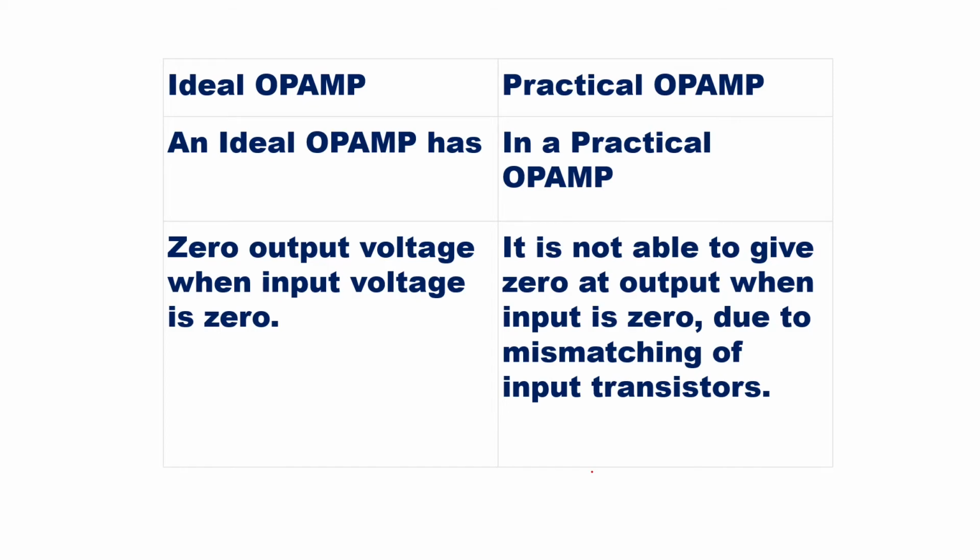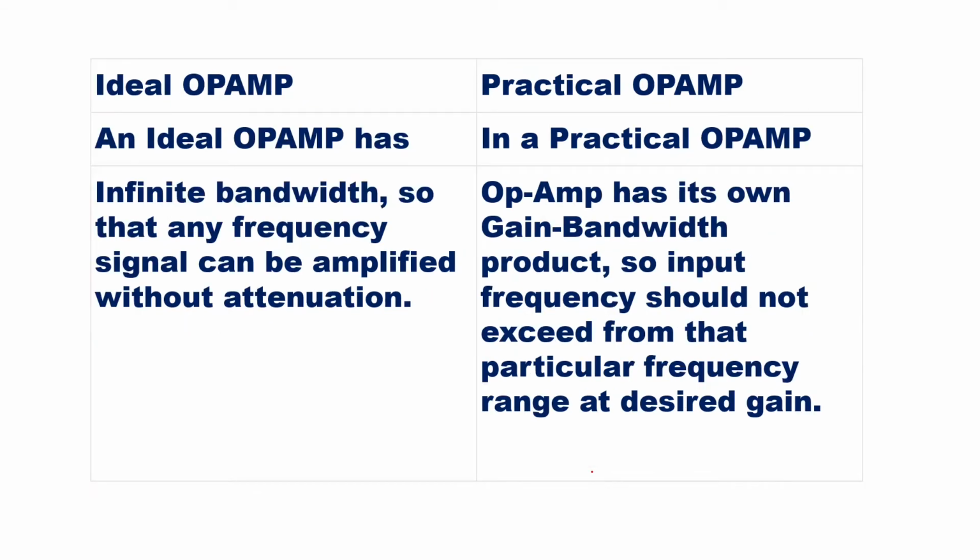which is called the offset voltage. Then if you look at the bandwidth, an ideal op-amp has infinite bandwidth so that it can amplify any frequency. Whereas a practical op-amp has its own gain bandwidth product, so the input frequency should not exceed that particular frequency range at the desired gain.